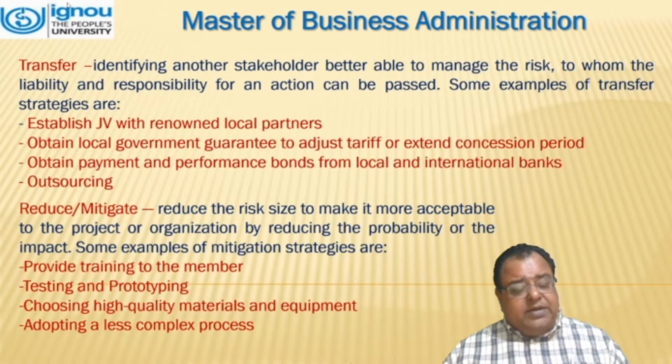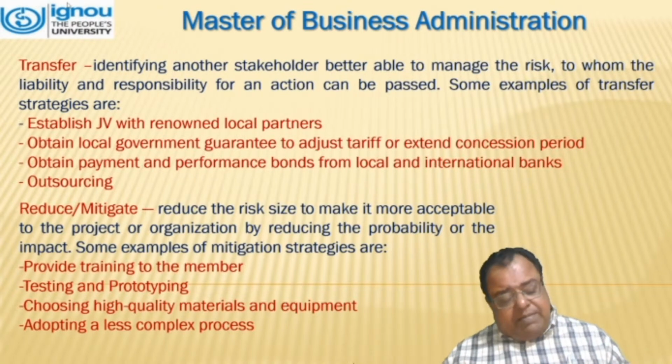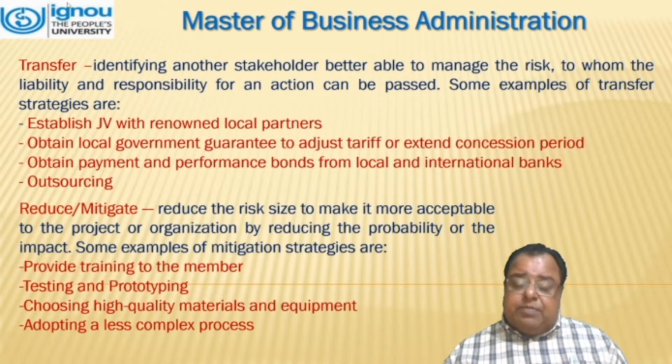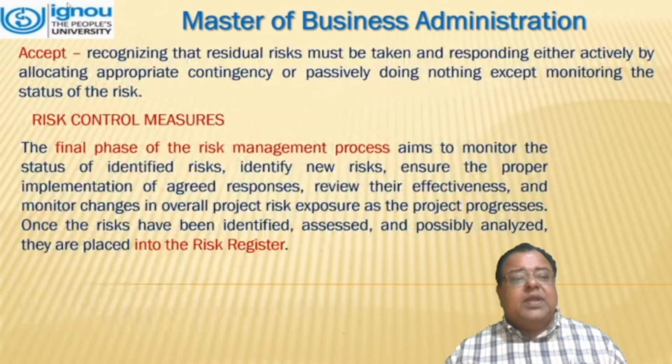Reduce or mitigate: reduce the risk size to make it more acceptable to the project or organization by reducing the probability or the impact. Some examples of mitigation strategies are providing training to the members, testing and prototyping, choosing high quality materials and equipment, and adopting a less complex process.